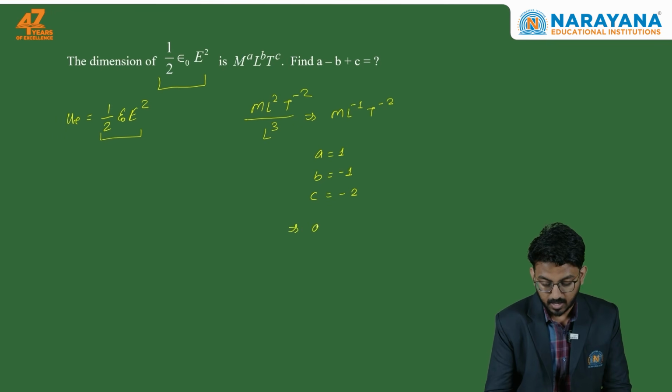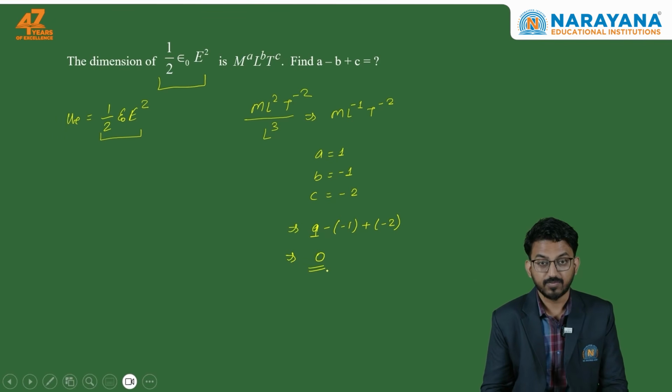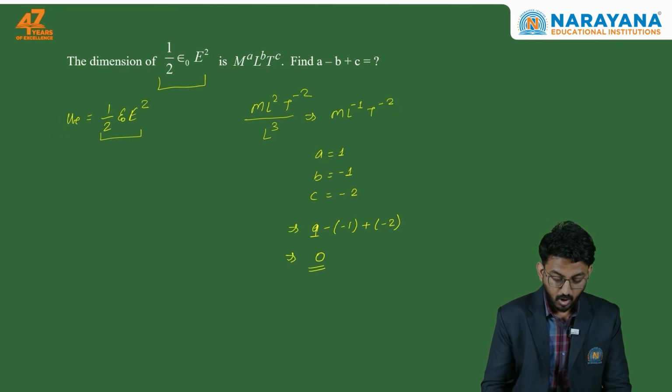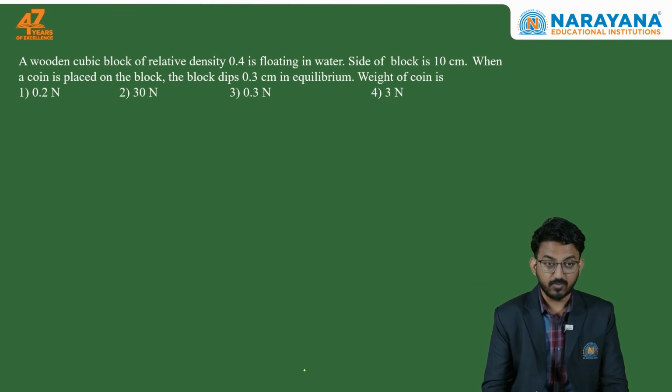Finally, A minus 1, and here A is equal to actually 1 plus C, like that. So we get overall 0 as the answer in this case, as per the given information here. Or you can also put it here, the individual values, but the best way would be to think in terms of energy density. Next question we have.